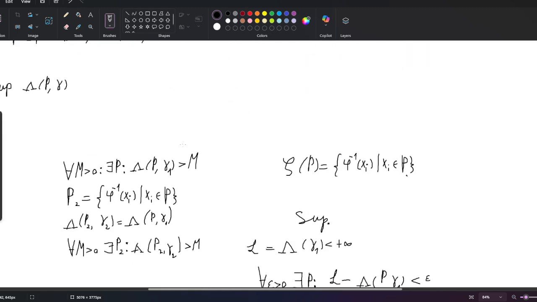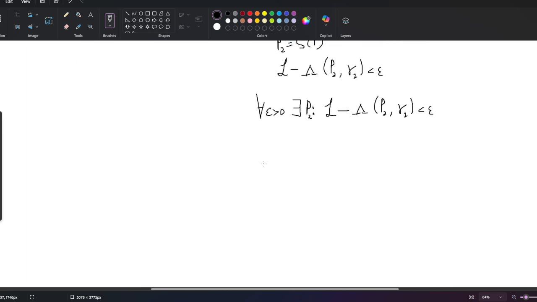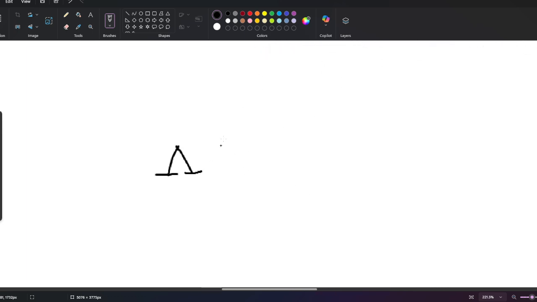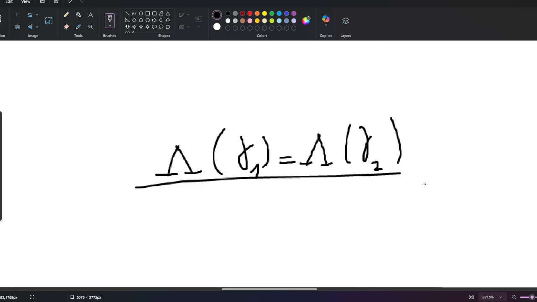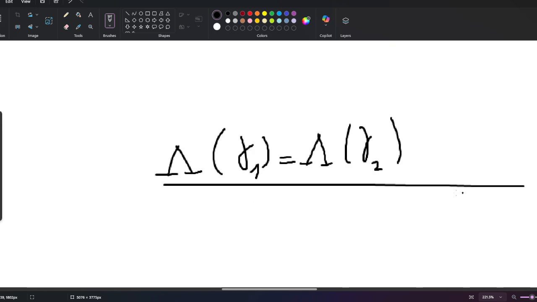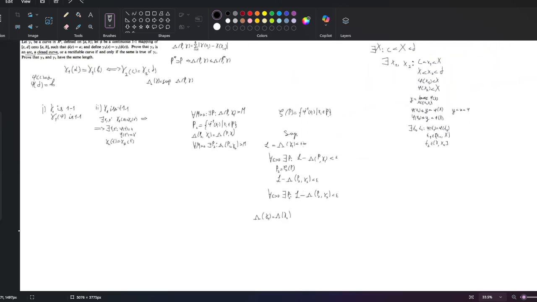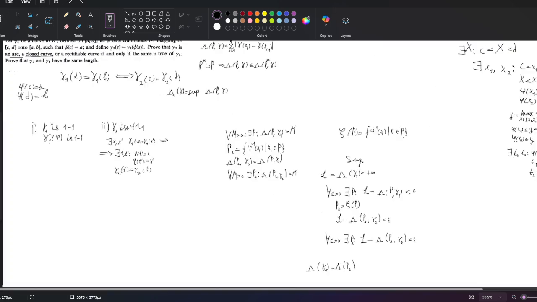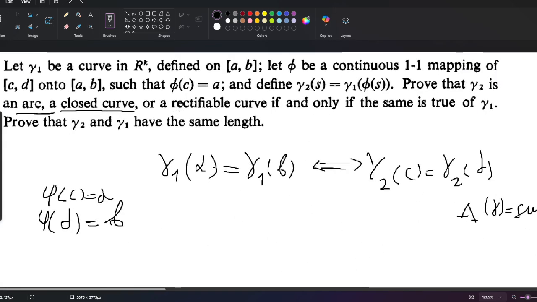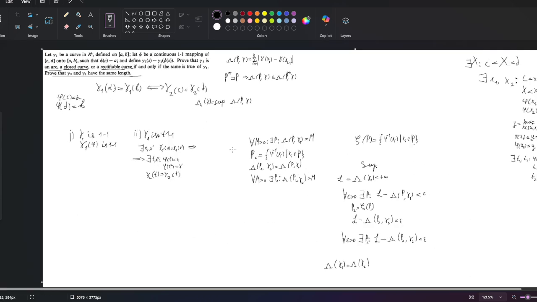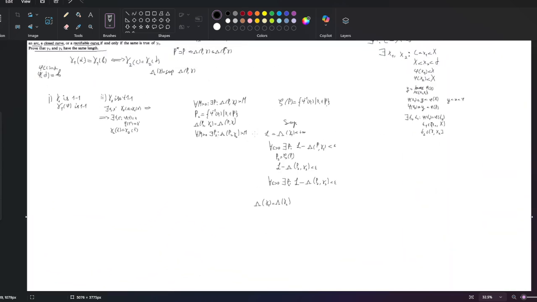So the length of gamma 2 is going to be equal to the length of gamma 1. This also implies that if gamma 1 is rectifiable, then so is gamma 2, because otherwise they wouldn't be able to share the lengths. So this is covered and this is covered. Alright, that's it. Hope it wasn't too lengthy.